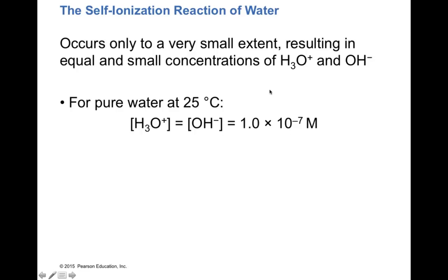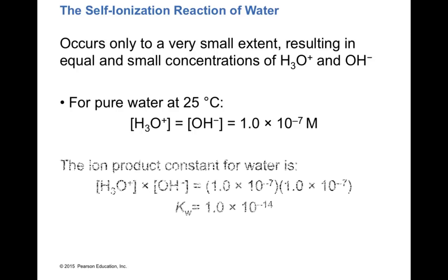And if this is the concentration of each of them, we can find a very interesting constant, known as the product constant for water, where we multiply the concentration of each of them, and this will be equal to 1.0 times 10 to the power of minus 14. This is known as the product constant of water, or Kw. So the Kw is 1.0 times 10 to the power of minus 14.